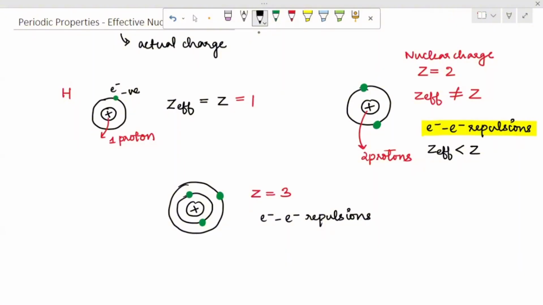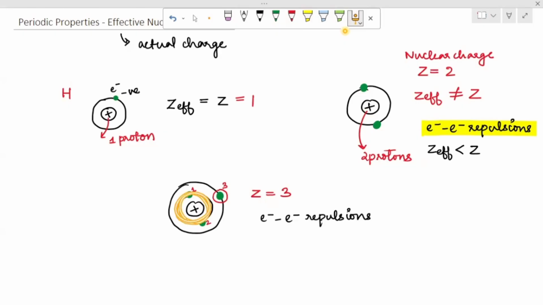How does shielding happen? Shielding happens because this electron, which is in the outermost orbital, is shielded by these 2 electrons. Let me number 1, 2, 3. So the third electron cannot fully get the attention of the nucleus, because there is a shield in between.